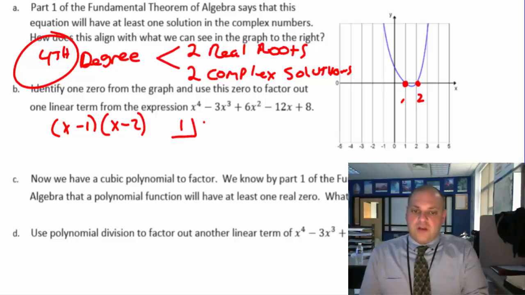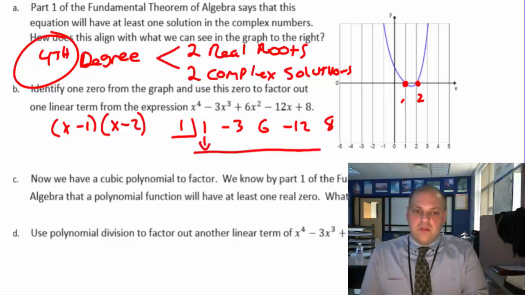Our coefficients are 1, -3, 6, -12, 8. So I have 1, 1, -2, -2, 4, 4, -8, -8, and 0. All right?